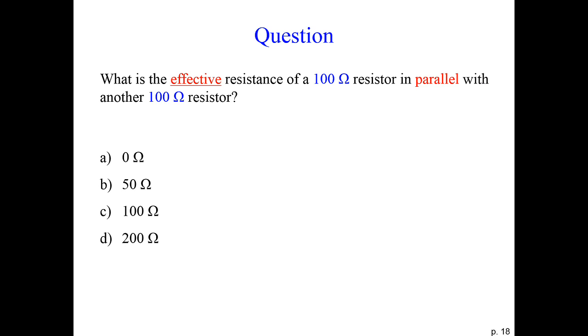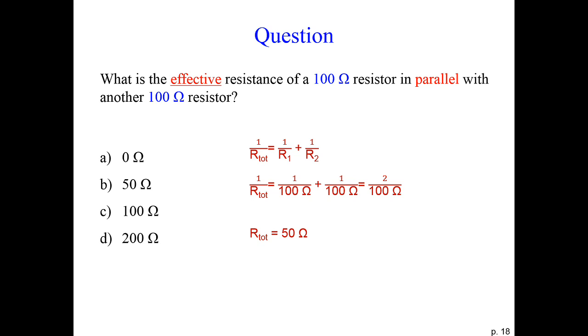Okay, so let's try a problem. So now we have two resistors in parallel with a resistance of 100 ohms. So that means that 1 over R total is equal to 1 over R1 plus 1 over R2. So if we plug that in, 1 over R total is 1 over 100 ohms plus 1 over 100 ohms. Here we have some algebra to do, so 1 over 100 plus 1 over 100 is 2 over 100, or 1 over 50.